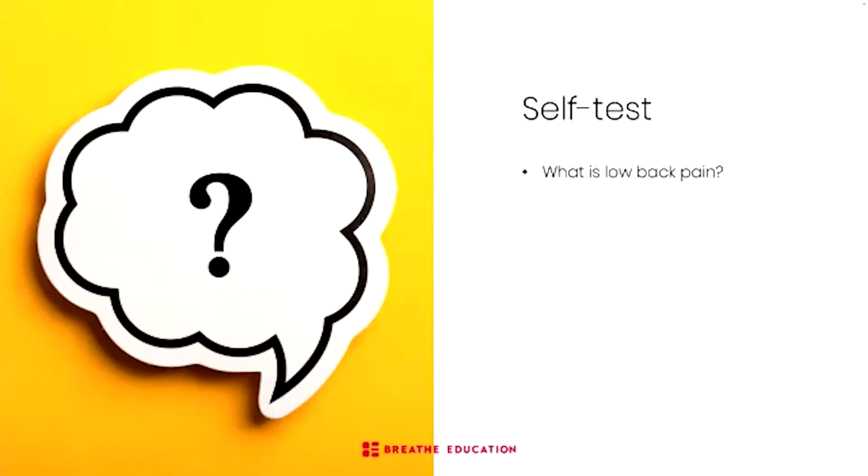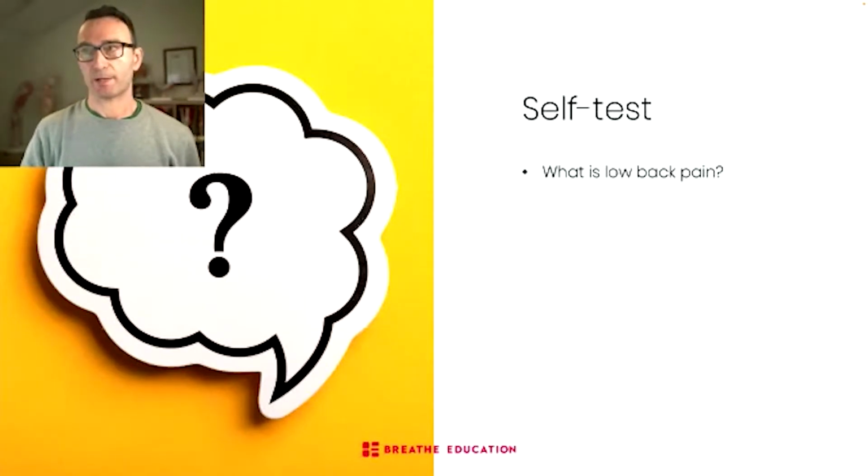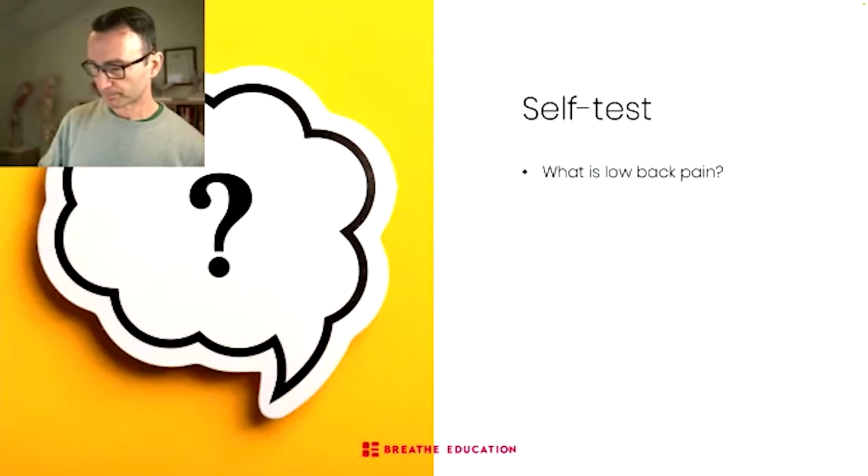And the definition, according to the ACSM, is low back pain is pain, muscle tension or stiffness, localized below the rib margin and above the inferior gluteal fold, with or without leg pain. All right, next question.